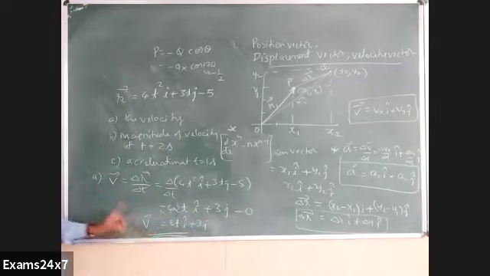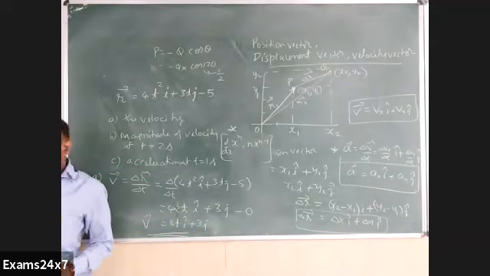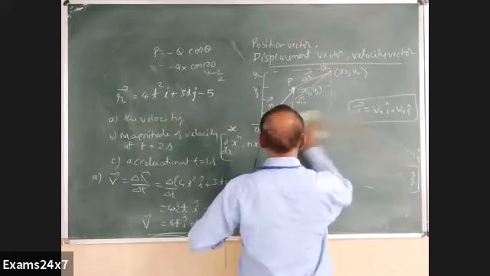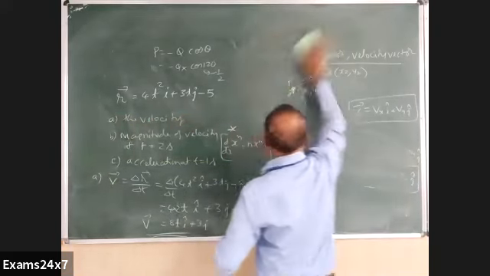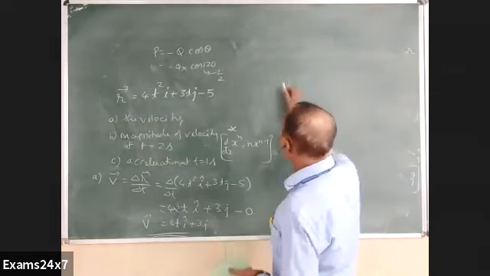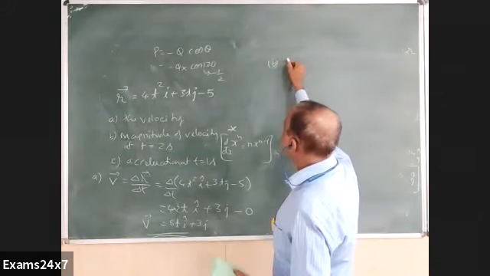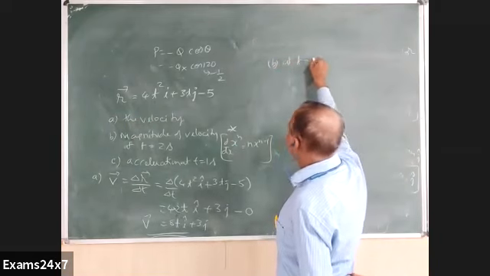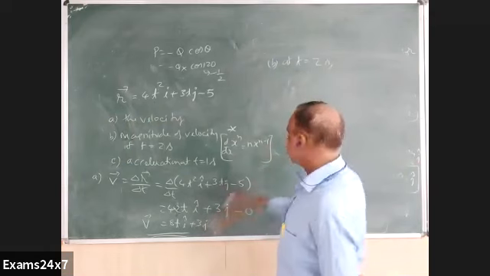This is the answer for sub question A. What is the answer for sub question B? Root of 269, it becomes a magnitude of velocity. Okay, at t equal to 2 seconds, put t equal to 2 in this equation.